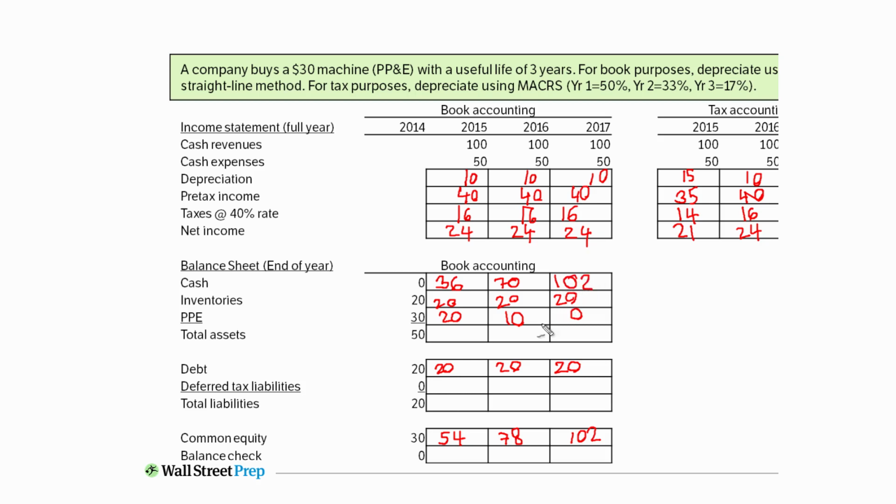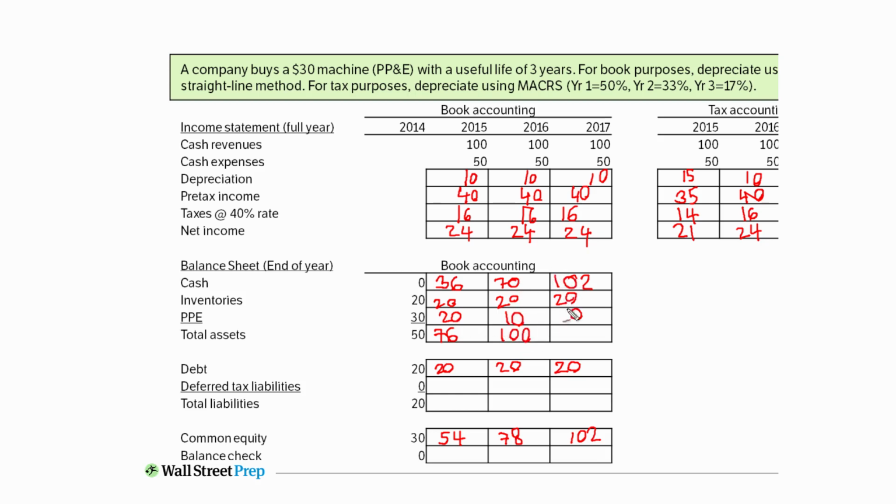So now the only line left is the thing that plugs book and tax accounting. And in this case, what ends up happening is if we add all these up, we get 76 in total assets. And then we get 100 in total assets. Right? We're just summing up all of these.